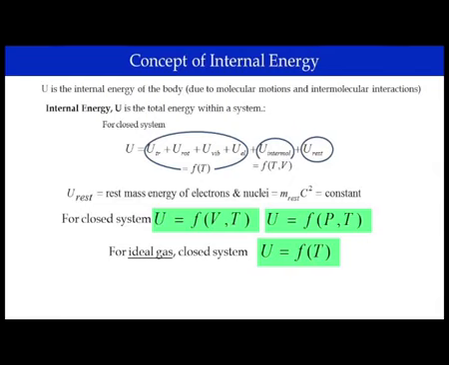So, the internal energy of an ideal gas would be only dependent on temperature for a closed system, of course. So, if we fix temperature and we change the volume or the pressure, the internal energy of the ideal gas will not change. Please keep in mind that the internal energy of an ideal gas in a closed system only depends on temperature.